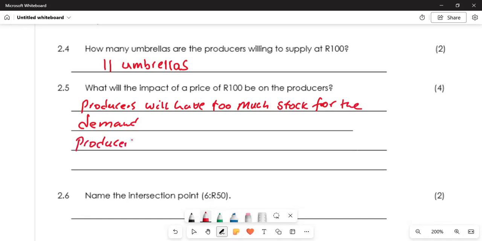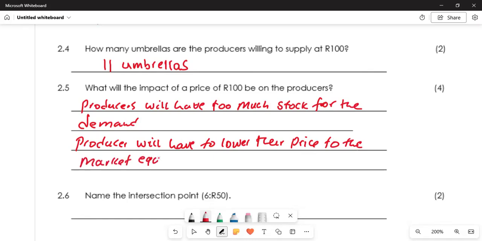Producers will have to lower their price to the market equilibrium price. So that is that.